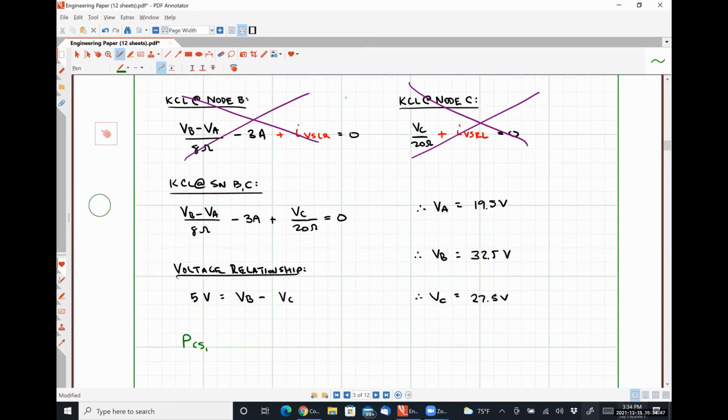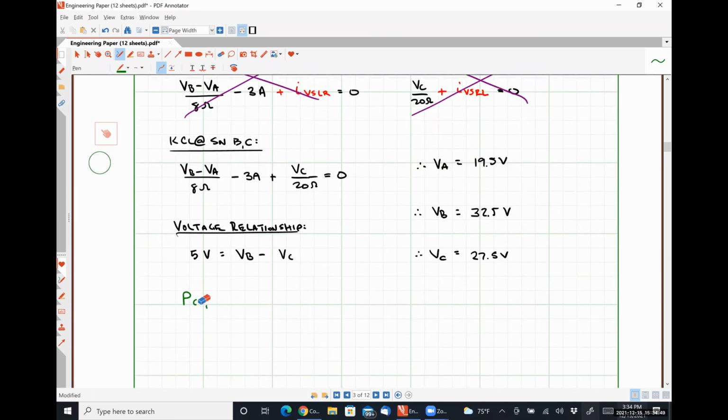Oh, I called it 3 amps. Okay, so P 3 amps supplied is simply VB times 3 amps, which is 97.5 watts.